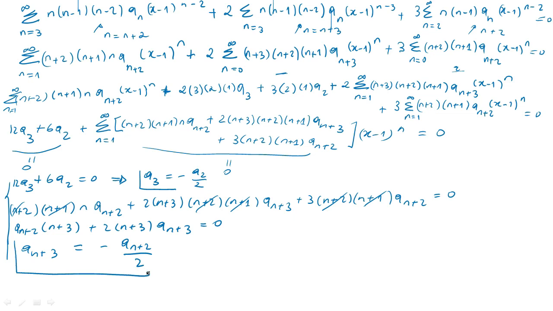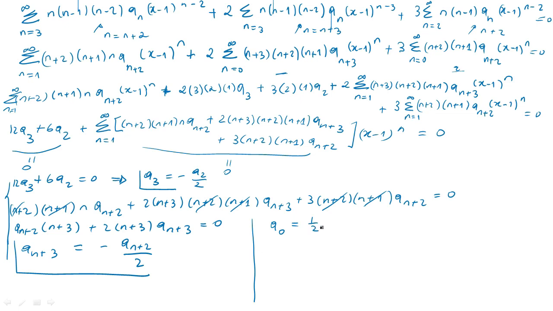So this is the expression for a_{n+3}. We're almost there, knowing that our a0 is equal to half.